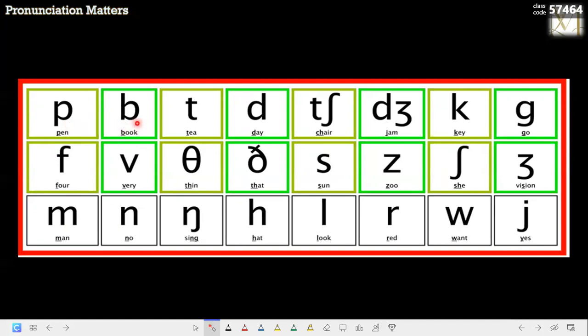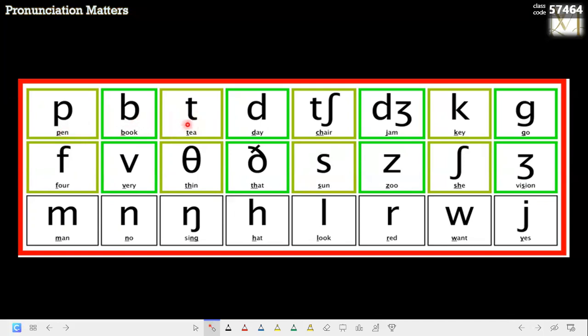Here we say /b/. So there is a vibration in the vocal cords, and also the air is not pushed the same way. We say book. Here we say pen. Okay, notice the difference here.